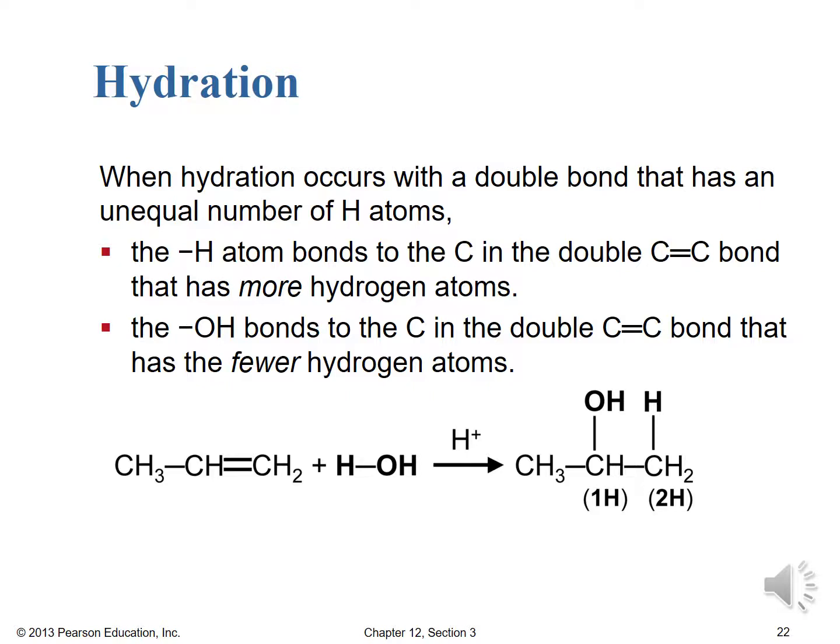So if you've got an unequal number of hydrogen atoms, the hydrogen from the water bonds to the carbon in the double carbon-carbon bond that had more hydrogen atoms to begin with, and the OH group, the hydroxyl group, bonds to the carbon in the double bond that had fewer hydrogen atoms to begin with. So just like with hydrohalogenation, we have hydration following Markovnikov's rule.